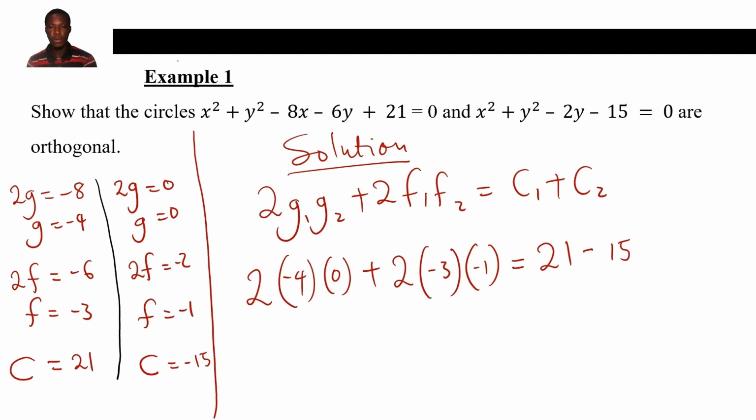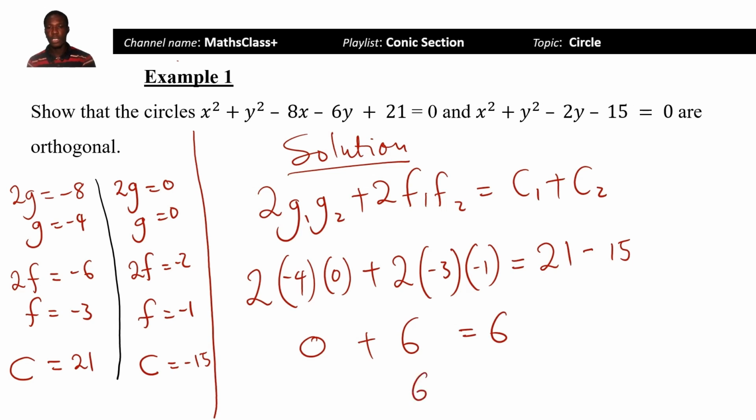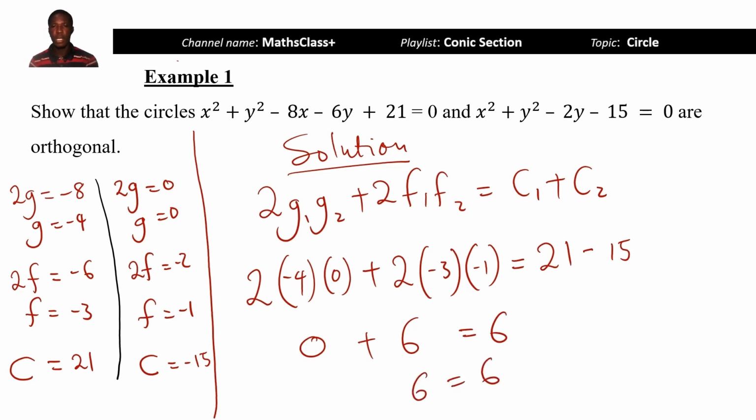So this side goes to 0 plus negative 3 times negative 1 becomes positive 3, times 2, that will give me 6. 21 minus 15 will also give me 6. So 6 is equal to 6. That shows that the two circles are orthogonal.